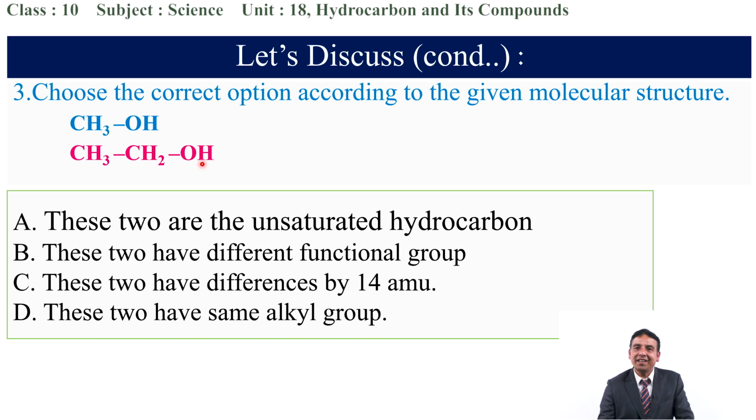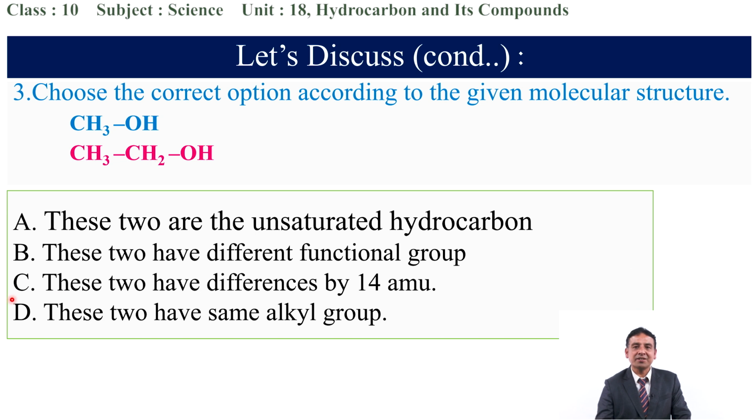Do you see any different functional groups over these two compounds? No. They have the same alcoholic functional group. Option C, these two differ by 14 AMU. Think once. What is the molecular mass of CH2? Carbon is 12, and 2 hydrogen atoms, 2. 12 plus 2 is 14.